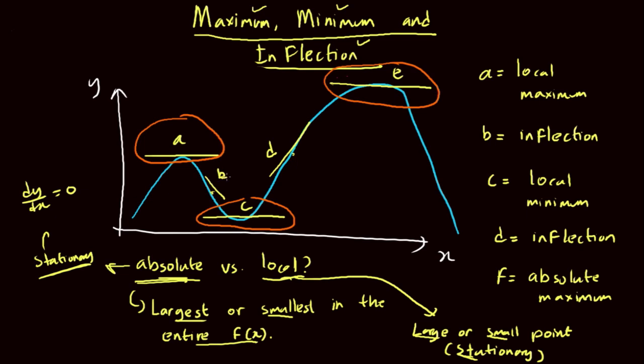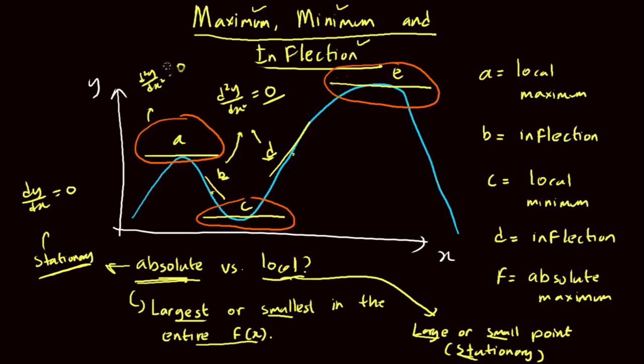And of course, B and D are inflection points because, as I mentioned earlier, their d square y over dx square is equal to 0. The second order derivative is equal to 0, whereas for A, we know the second order derivative is not equal to 0. Sorry, it's not greater than 0, it's actually less than 0.